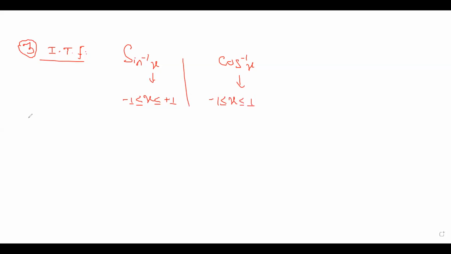Note: if you take sine inverse of anything at the place of x, similarly cos inverse of anything at the place of x, then this anything lies between minus 1 to 1, and then you will find the value of x.